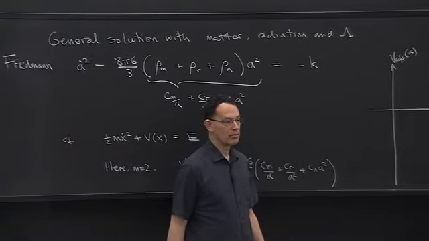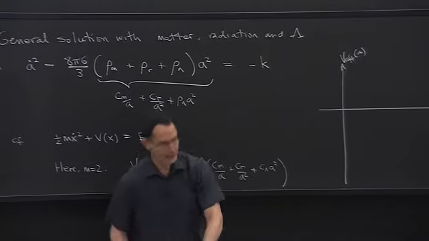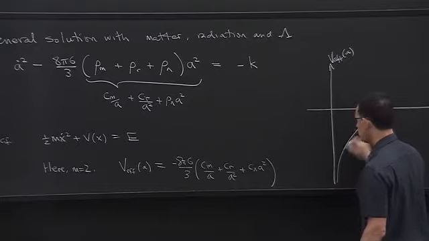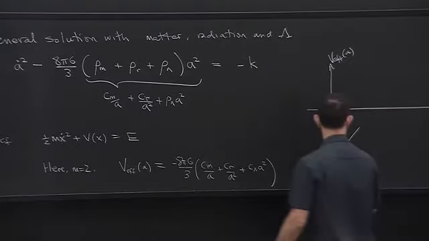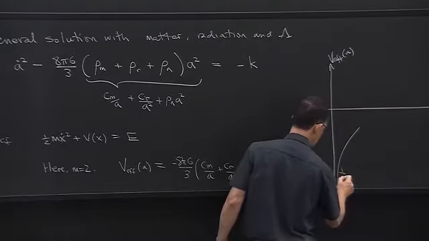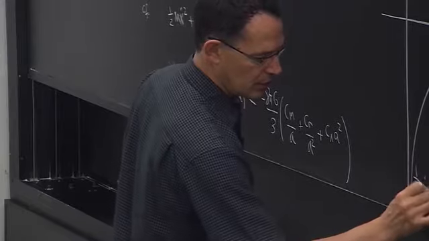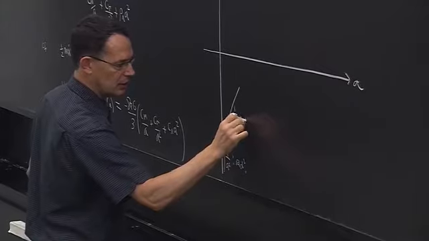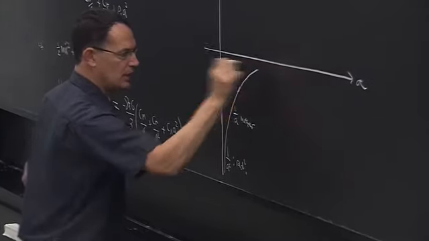What does it look like? Negative. Obviously, the radiation is going to dominate at small a. So this is going to be 1 over A squared. This is the radiation. This is 1 over A. This is the matter.